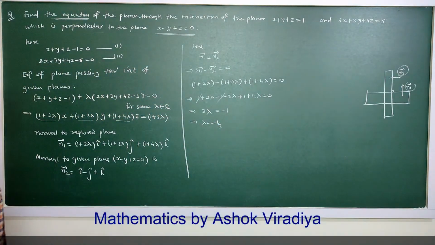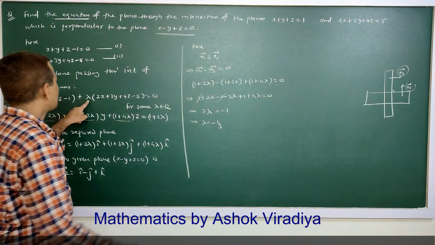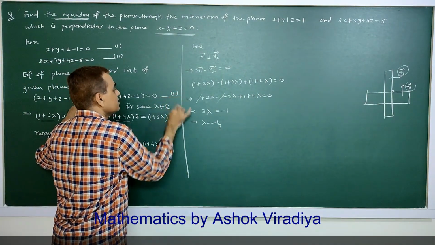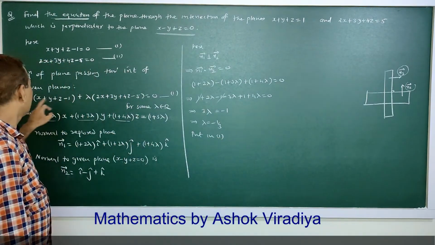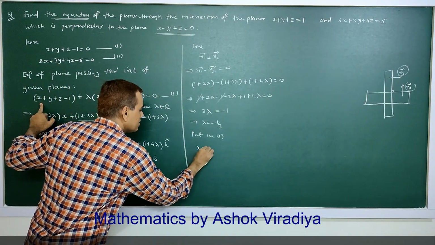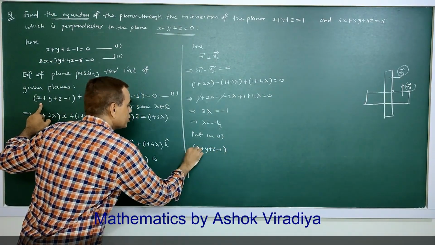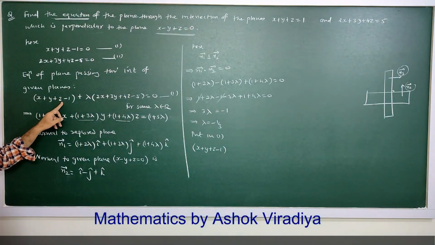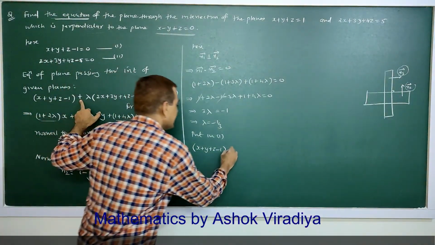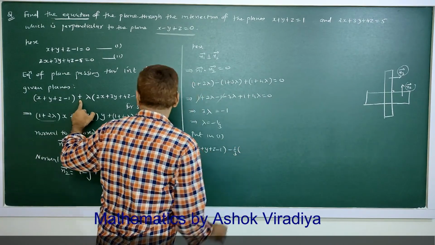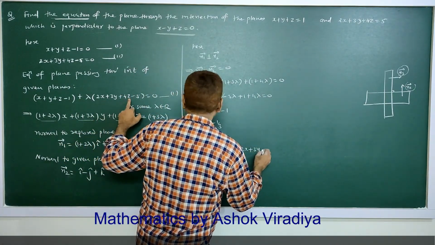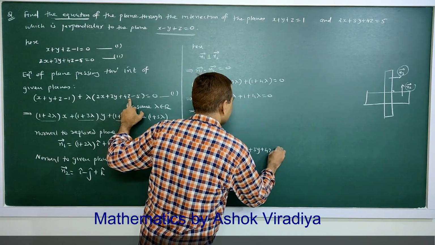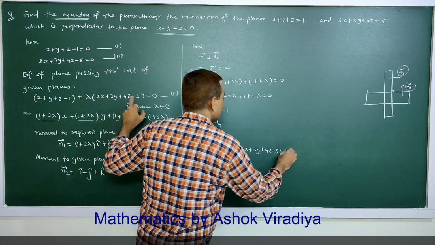And this value we are putting in equation 1. So putting in 1, here x plus y plus z minus 1, lambda is minus 1 by 3 into 2x plus 3y plus 4z minus 5 equal to 0.